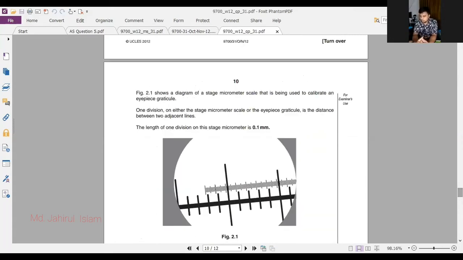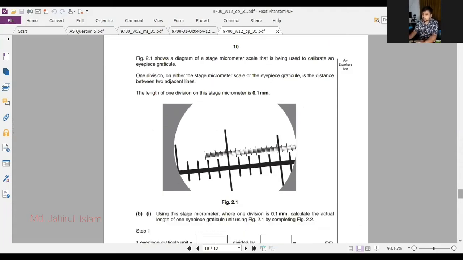Figure 2.0 shows a diagram of a stage micrometer scale that is being used for calibration of eyepiece reticles. A division on either the stage micrometer scale or eyepiece reticles is the distance between two adjacent lines. The length of one division on this stage micrometer is 0.1 millimeter. So how can you identify?